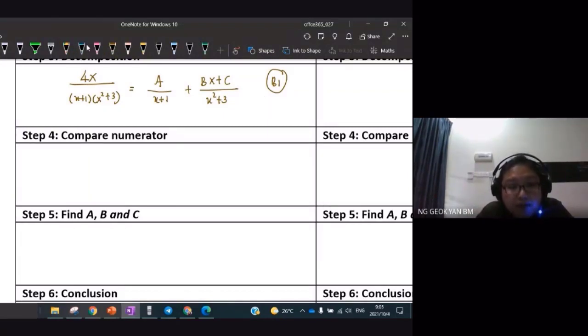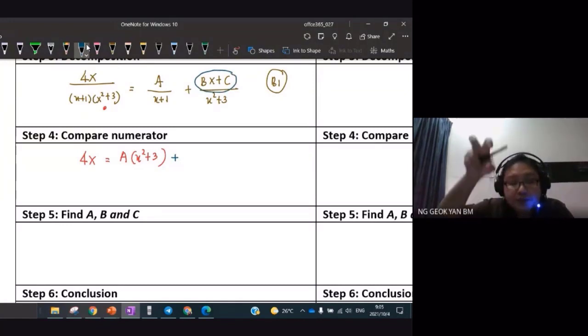We are now comparing numerator. So you can write 4x equals to A. Just like I told you before, how to make it perfect at the left hand side. So A dia kurang apa? Dia kurang ini sahaja. So it's A x squared plus 3. Okay, and then after that plus this one, because did you notice that this is a linear.